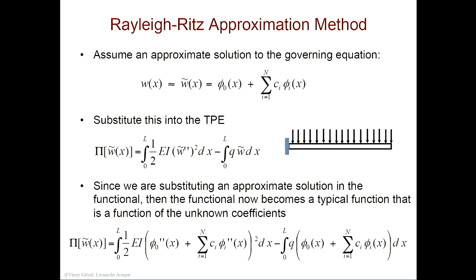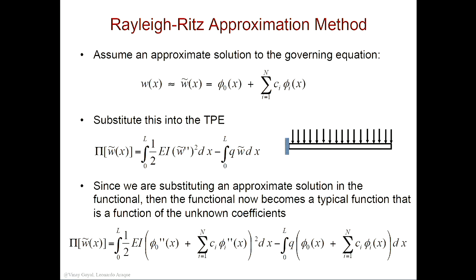which is shown here at the bottom, I want somebody to tell me, is that a function of a function now? What is the only unknown in this total potential energy? The C's, these coefficients C. These coefficients C are scalar quantities.